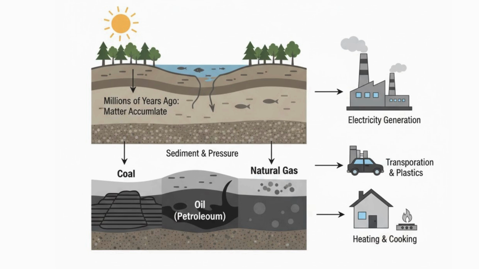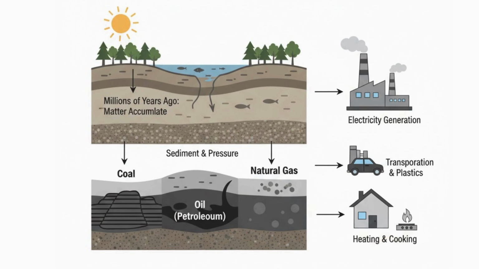After that, the third step is heat and chemical changes. As the layers get buried deeper, temperature and pressure increase, and the heat causes chemical reactions that change the organic materials into coal, oil, and natural gas. After that, the fourth step is migration and trapping.